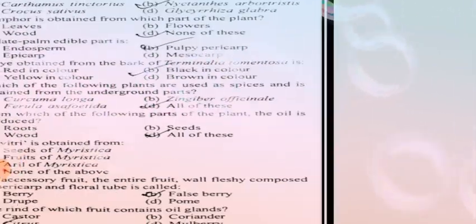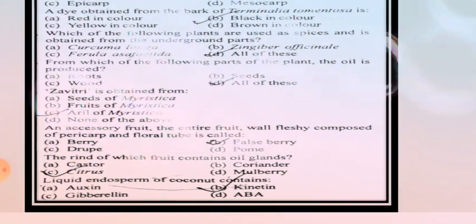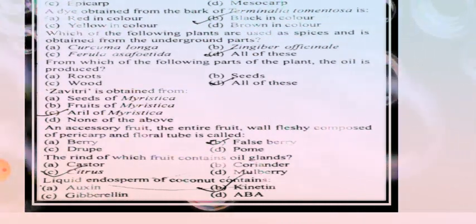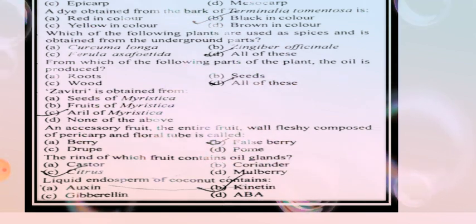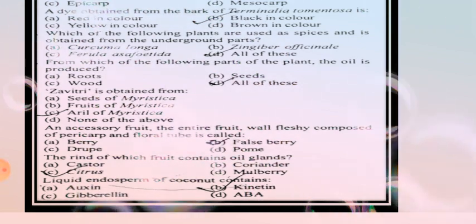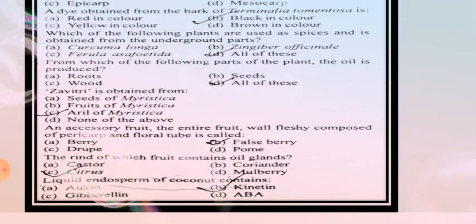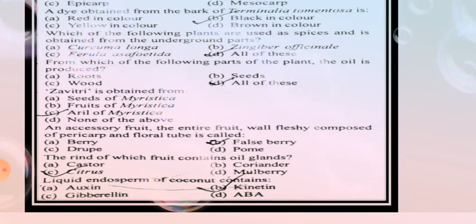Then comes the unaccessory fruit. The entire fruit wall is fleshy, composed of the pericarp and the floral tube, and is called a berry, false berry, drupe, or pome. Out of these four options, the second one, the false berry, is the correct answer.